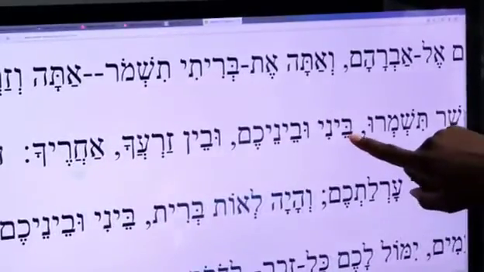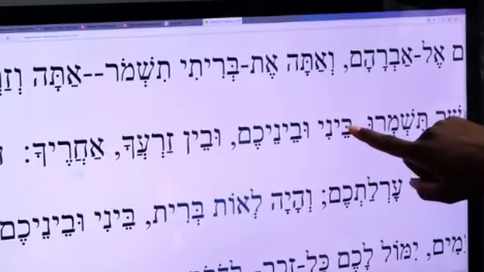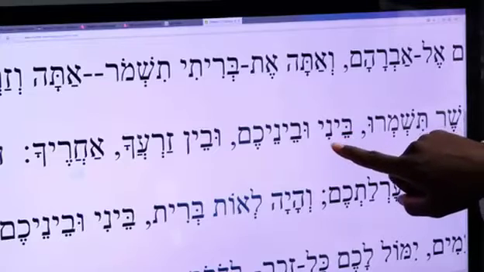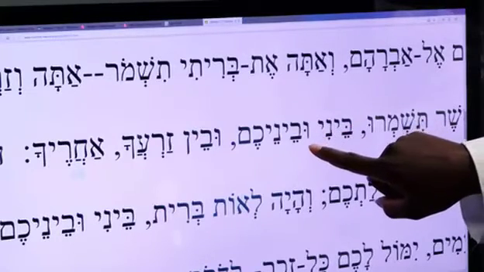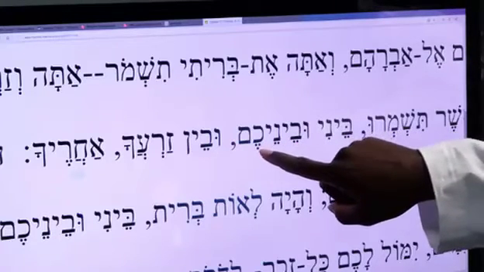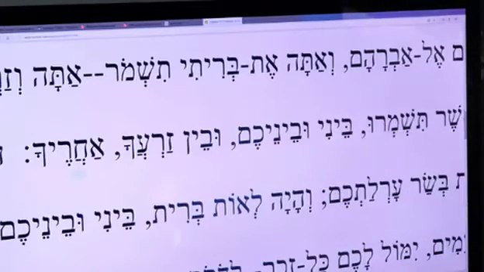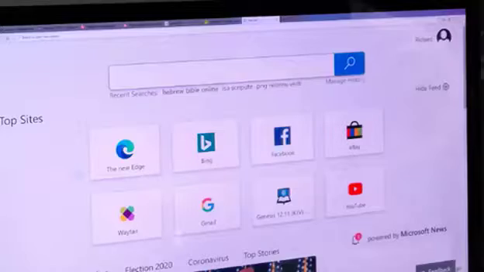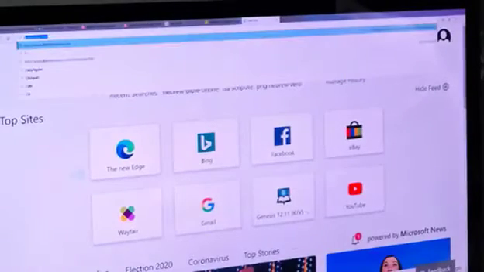It says here, bayanya, which is between me, wa bayanyakam, which means and between you. So the word for you is kam. It uses the suffix form for you in this particular chapter. So let's see if we can find a fa. In fact, let me make it a little quicker here for the sake of time.